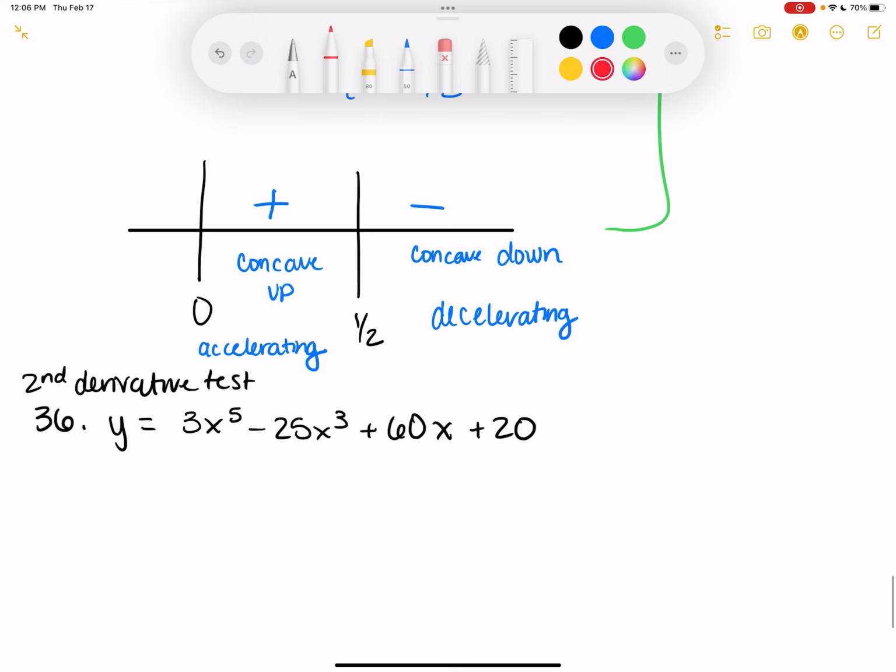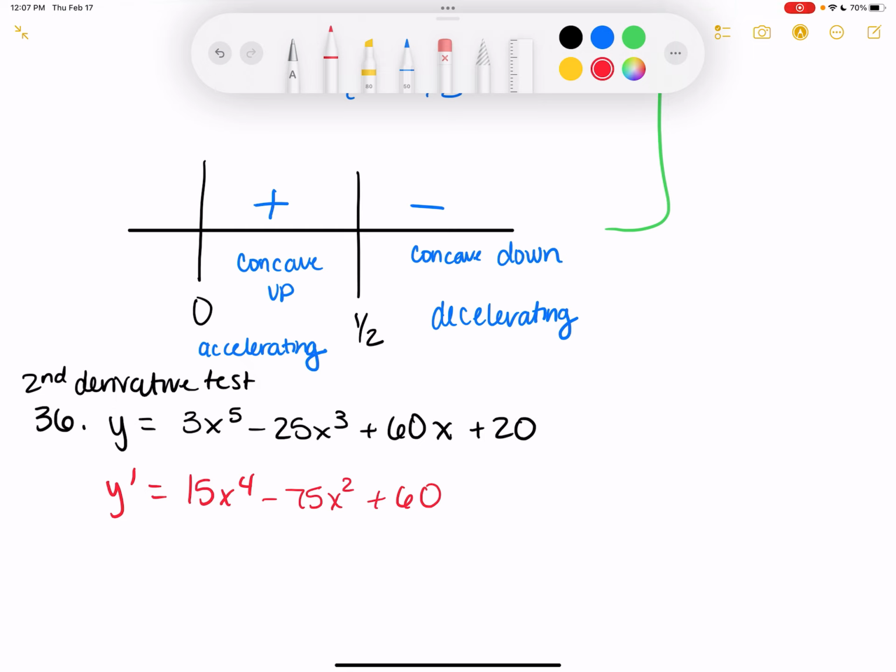So, first derivative is what? 15x to the 4 minus 75x squared plus 60.